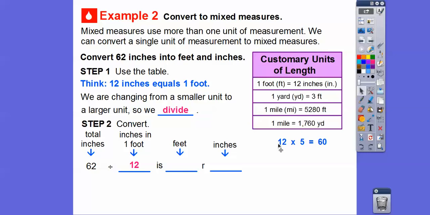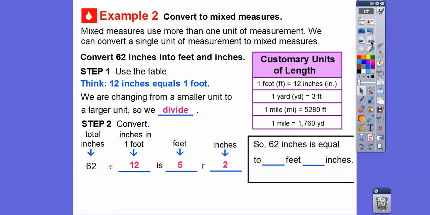Remember, 12 times 5 equals 60. So 62 divided by 12 is going to be 5 with a remainder of 2, because 60 from 62 gives us a remainder of 2. So you'd be 5 feet 2 inches tall if that's how many inches you are. So 62 inches is equal to 5 feet 2 inches, okay?